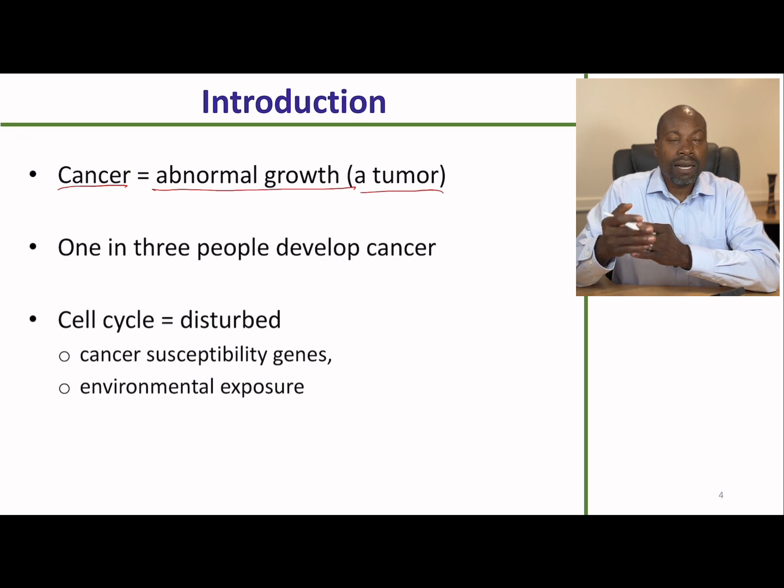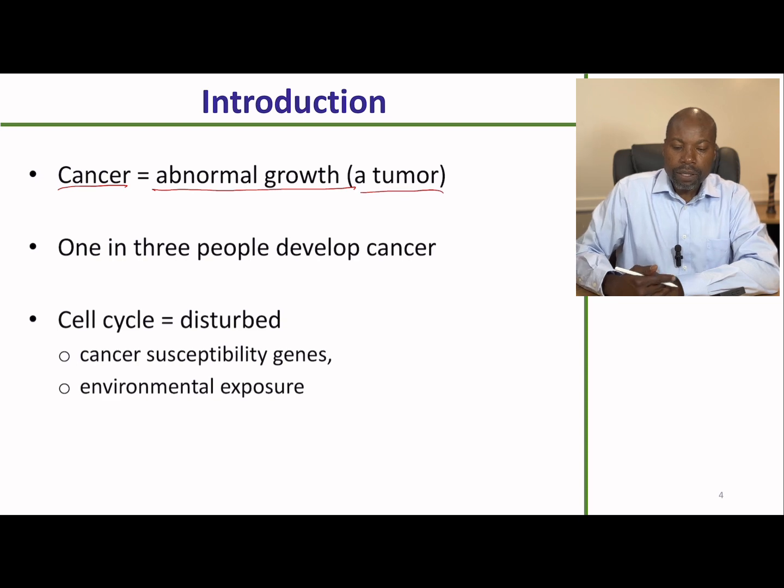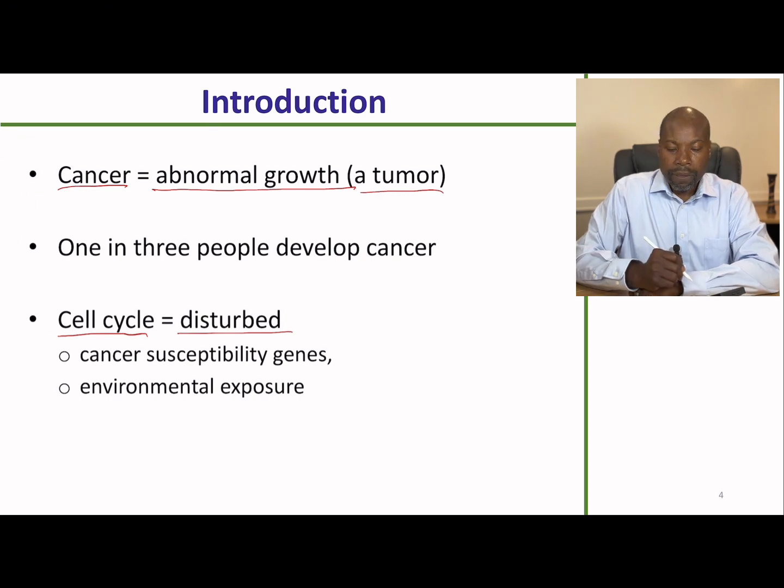That may sound like a lot, and it is a lot. That is the reason why we have to be aware of the situation and start being ready for screening this type of potential disease. So, in cancer, basically, the cell cycle is disturbed, right?